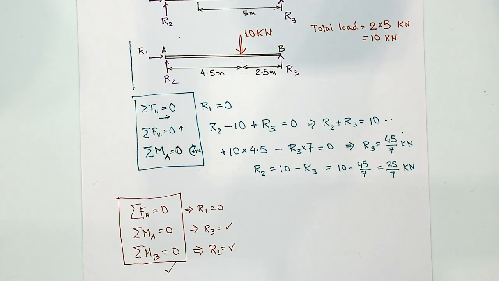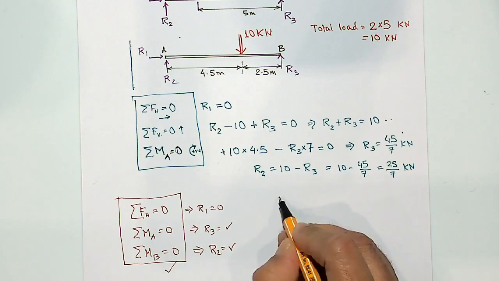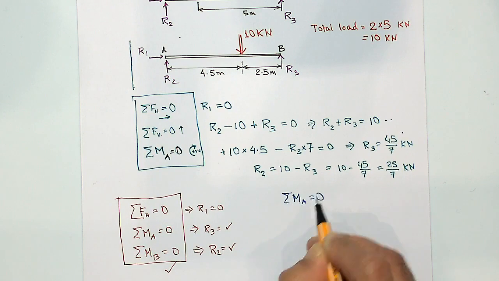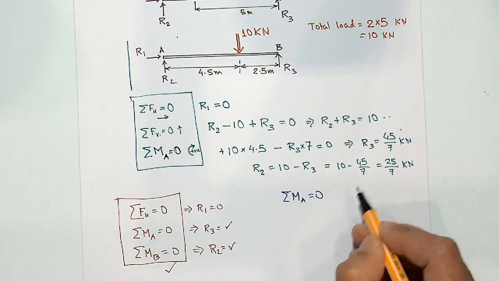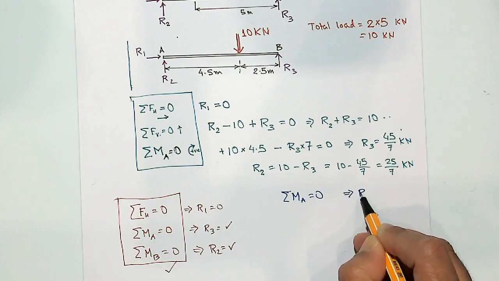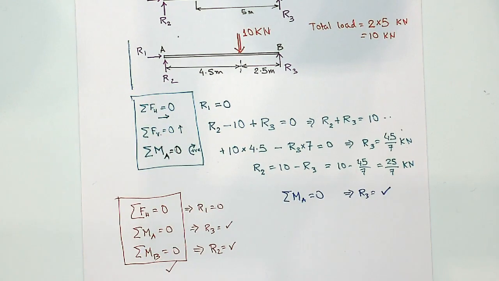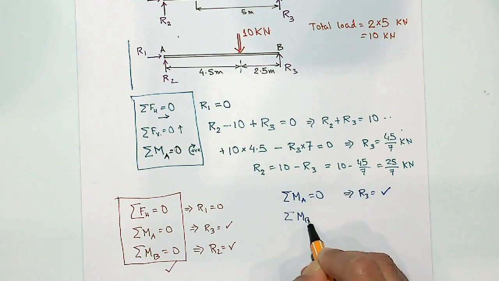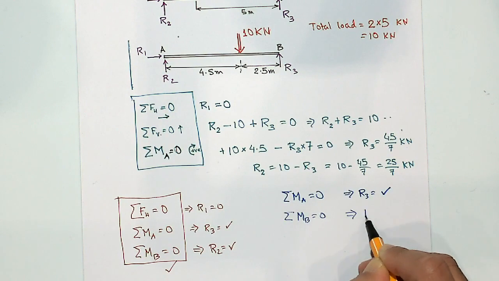Let's check whether you can do it something else as well. Let's start with moment about A equal to 0. So moment about A equal to 0, as before, will give me quickly the value of R3. Moment about B equal to 0 will give me the value of R2.